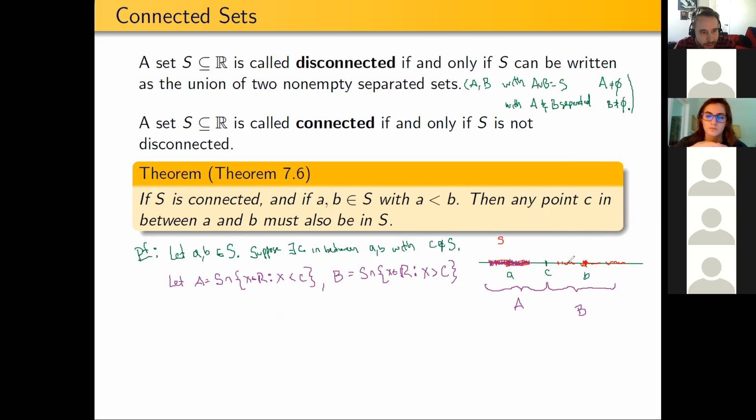And similarly with B, it's going to be the points of S that are to the right of C.